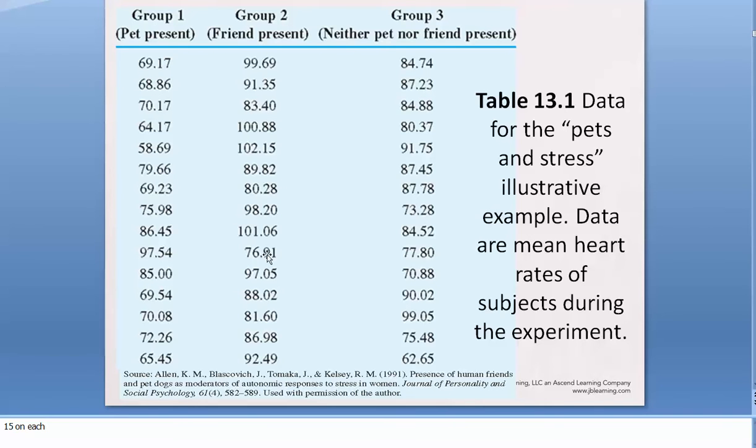Now, lots of times software does not like to have the data like this, because what if you have 10 groups? Then there will be 10 columns of data. Typically, you want to change the structure of this and have all this information in only 2 columns. In other words, you will put all these 45 heart rates, which is 15 times 3, into 1 column, which we can call heart rate.